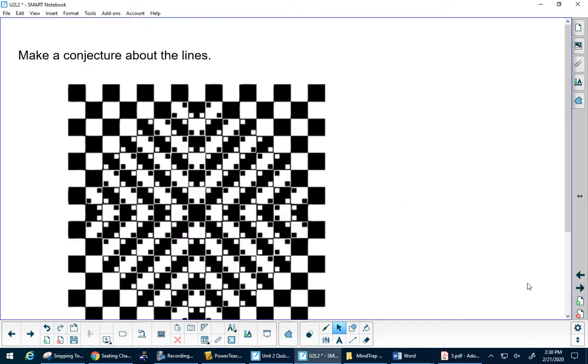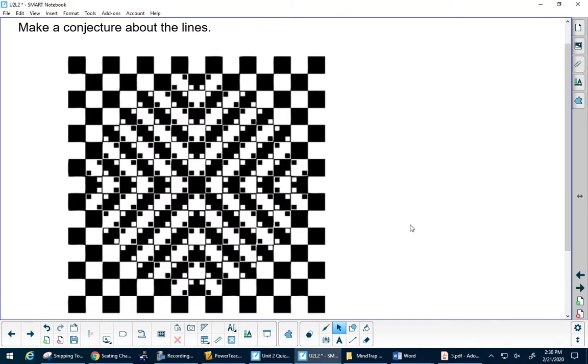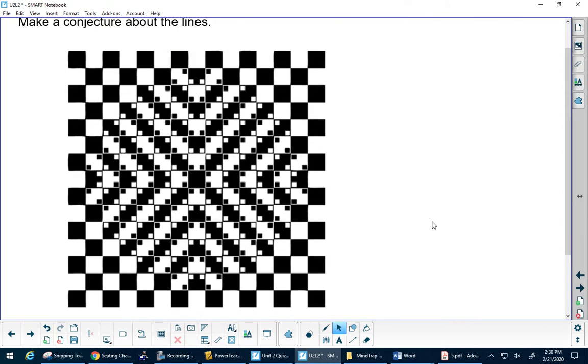And when you do that, okay, now what can you make about the conjecture about the lines on this? What do you think? They look curved?